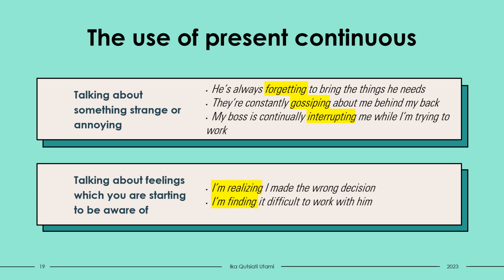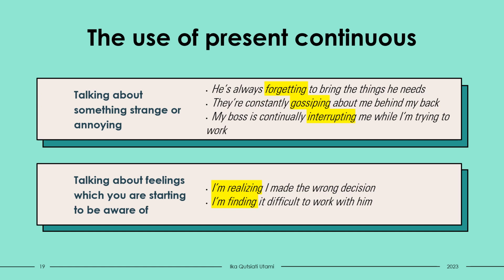So, if you say he's always forgetting to bring the things he needs, you mean that he often forgets to bring things, and you find this strange or annoying. This use of the present continuous is unusual because we are using the present continuous to talk about repeated actions or a habit, and we don't normally do that.